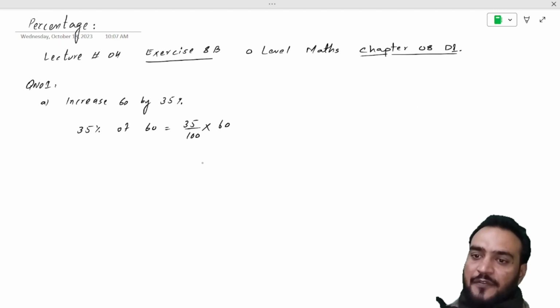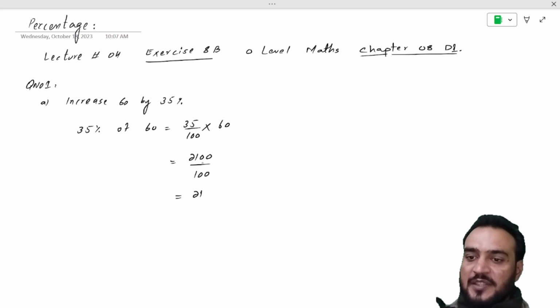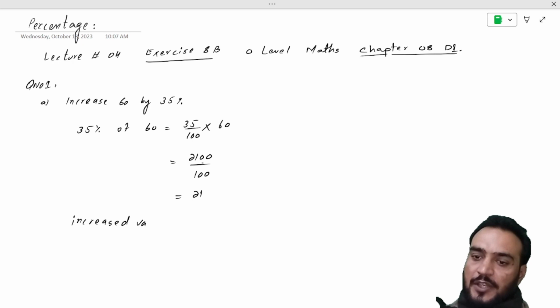When we multiply 35 by 60, we get 2100 divided by 100. So the answer is 21, which is the 35% of 60. So let us increase 60 by 21. Increased value is equal to 60 plus 21, which is equal to 81. So this is the answer.